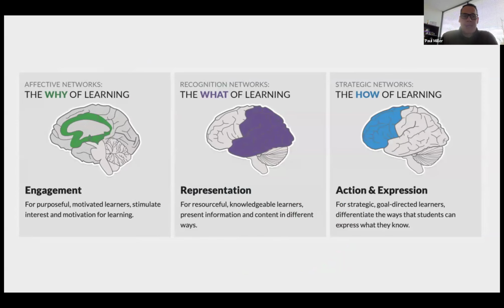right? So we can tap into the engagement, those multiple means of engagement that allow for purposeful interactions among students to stimulate interest that builds that motivation to the learning experience itself. Representation, given more authentic tasks of our students, right?